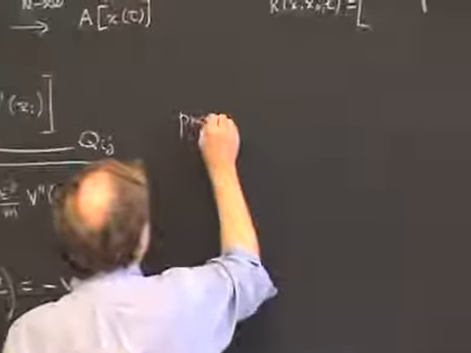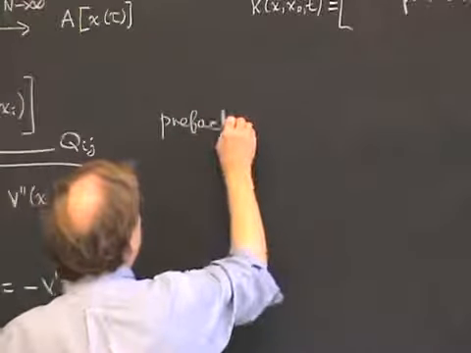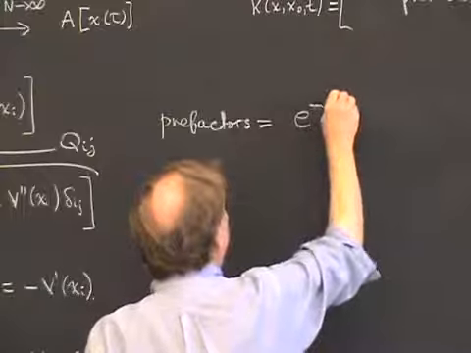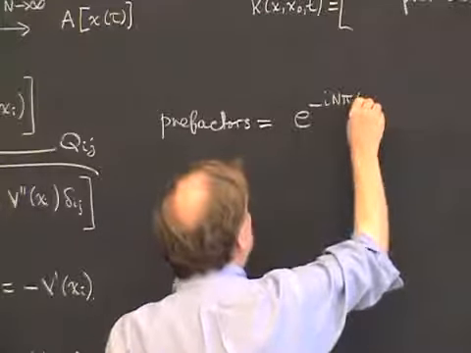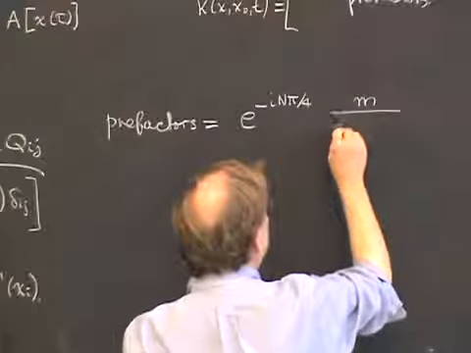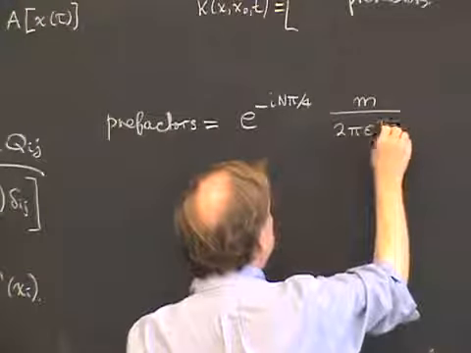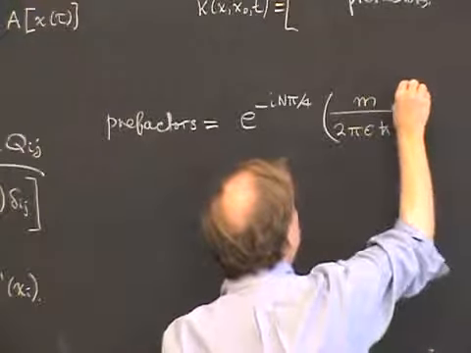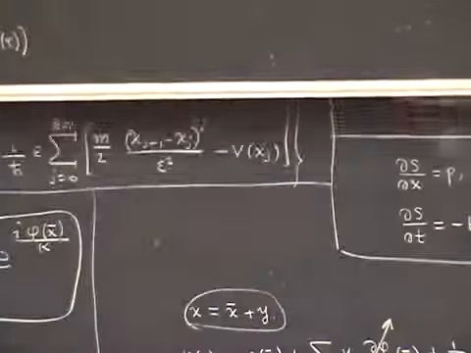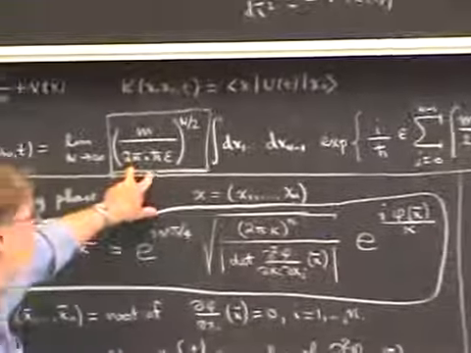The prefactors are going to be equal to e to the minus i n pi over 4, which takes care of that phase. And then I'll copy everything else except the i, m over 2 pi epsilon h bar, to the n over 2. That's just another way of rewriting this prefactor right here.